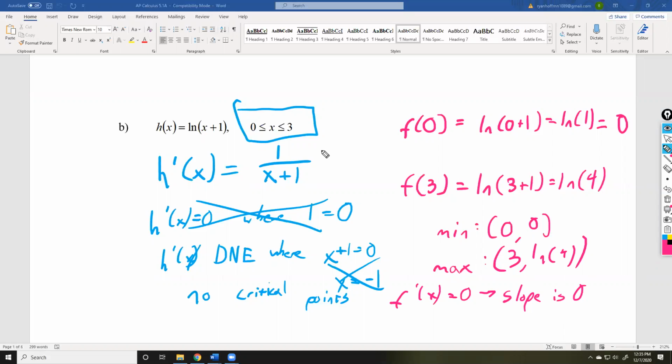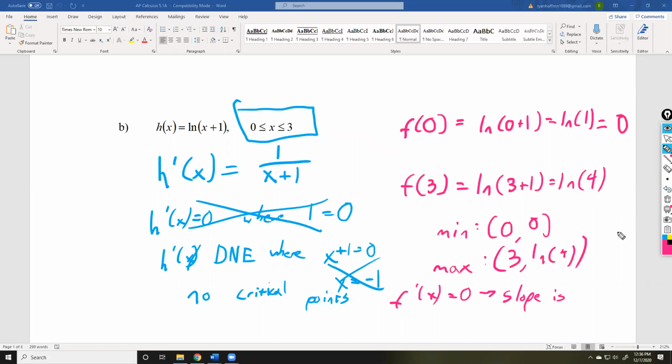Well, if we have a horizontal tangent, that's going to give us a maximum or minimum, because it's telling us that the slope of the tangent line is about to change directions. And if it's changing directions, that means we might have hit a smallest point or a biggest point.